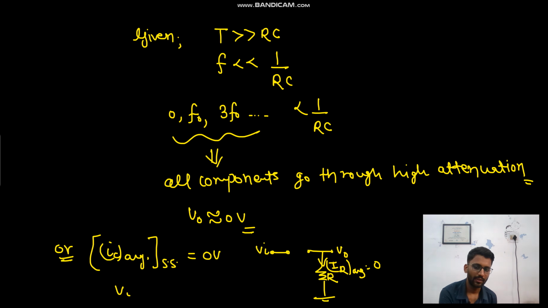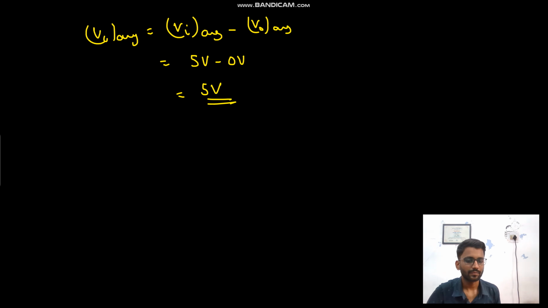So your V naught average at steady state will be 0 volt, and this is 0 ampere. Your VC average at steady state will be VI average minus V naught average. VI average is 5 volt minus 0 volt, so it will be equal to 5 volt only. So all the aspects are clear now.